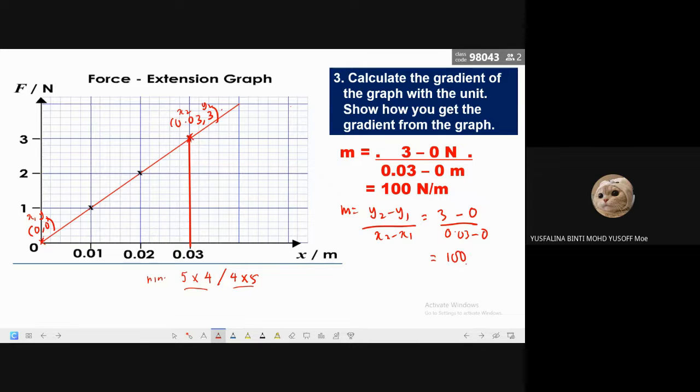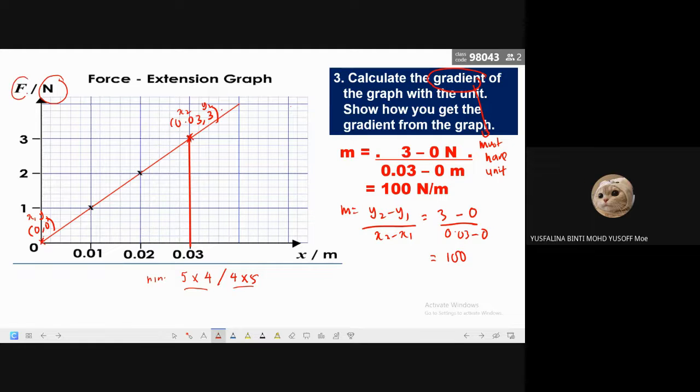Then how about the unit? For the gradient, you must have the unit, especially on the practical paper. Your practical exam must have the unit. How do you find the unit? It's easy. You just need to know the unit for the y-axis.